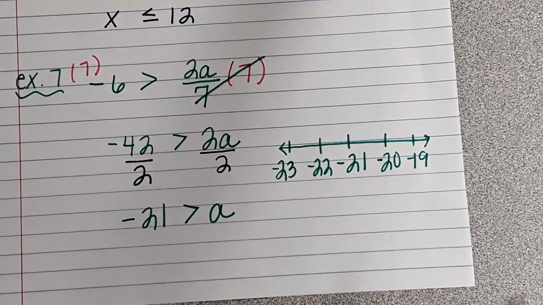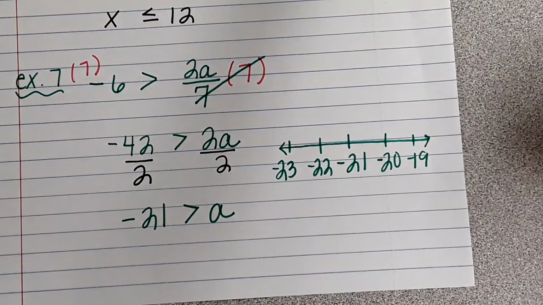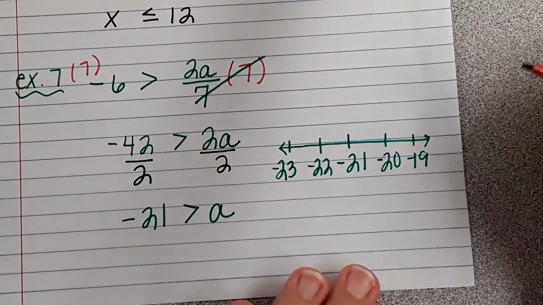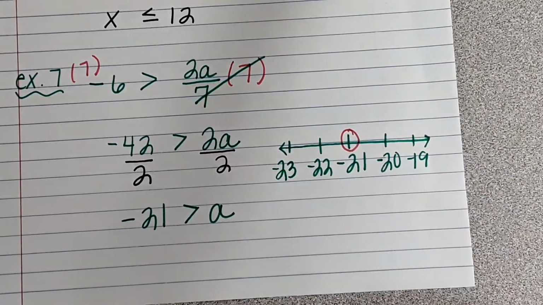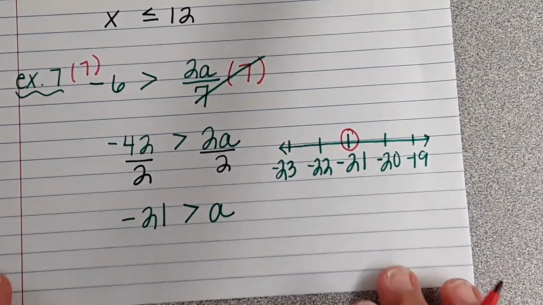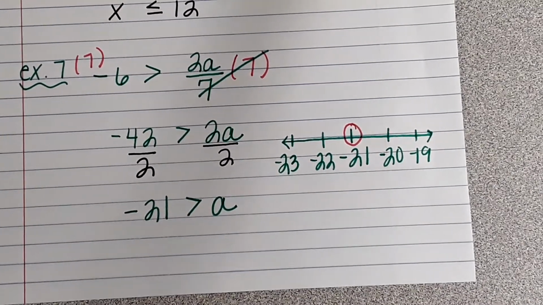In your notes, you guys, I'm having you graph them, but when you get to the 1 page, you're not going to have to graph them. Okay, open, so full or empty circle? Empty. And do I want numbers that are greater than or less than 21?